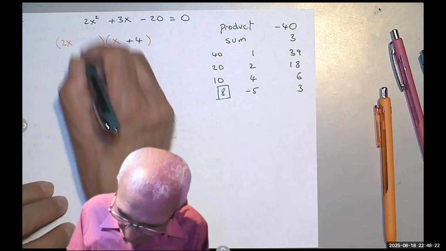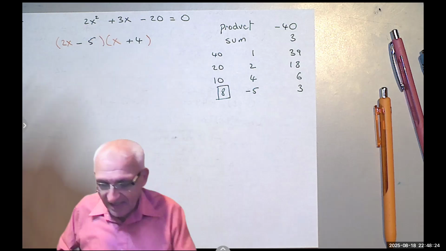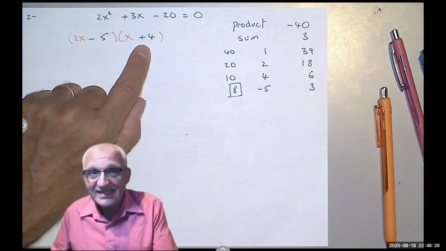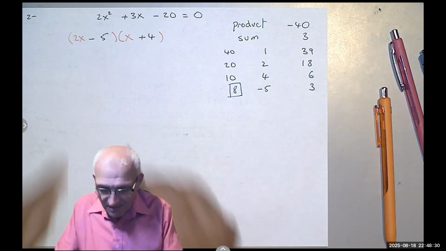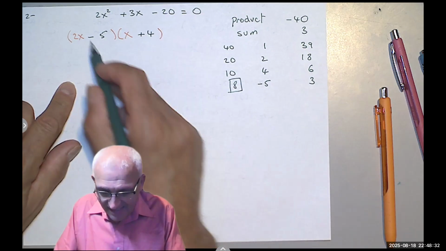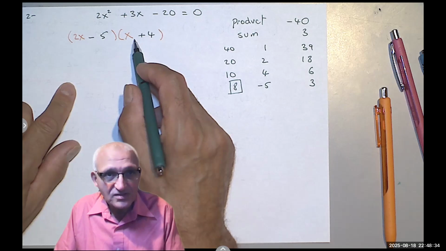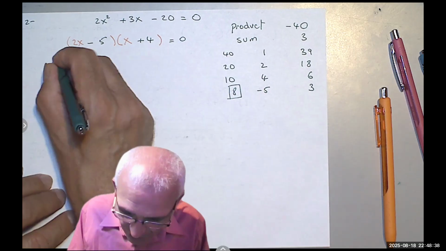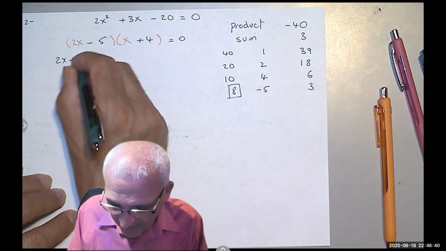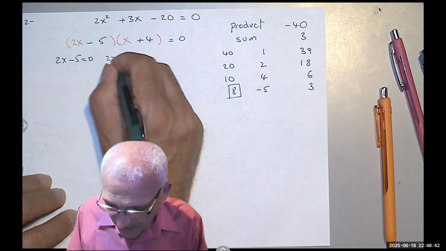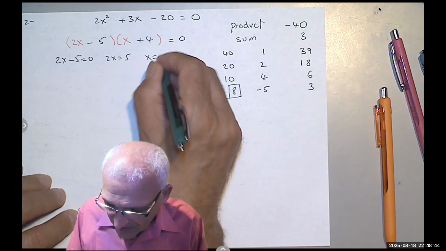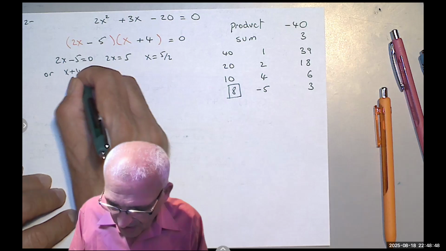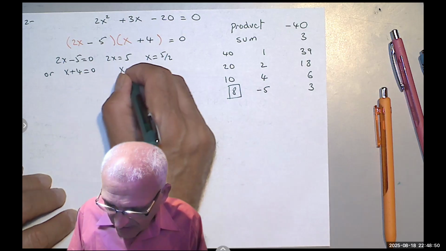So that must be negative 5, and that must be positive 4. Or else, I can never get 8x and negative 5x. You see? Equals 0. So either 2x minus 5 equals 0, or 2x equals 5, or x equals 5 halves, or x plus 4 equals 0, or x equals negative 4.